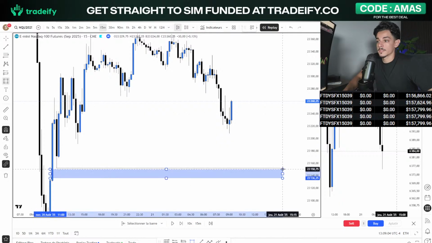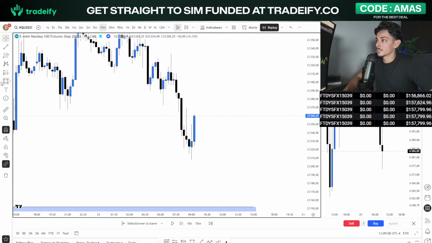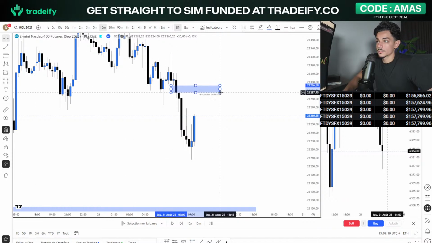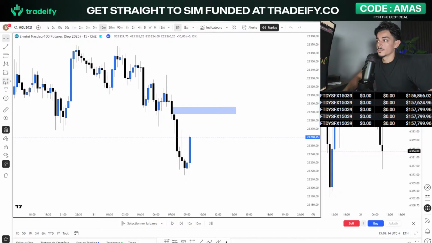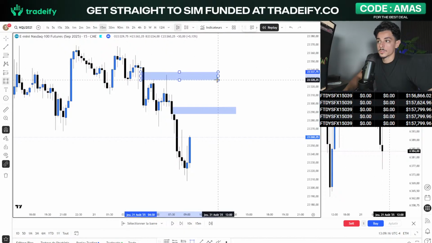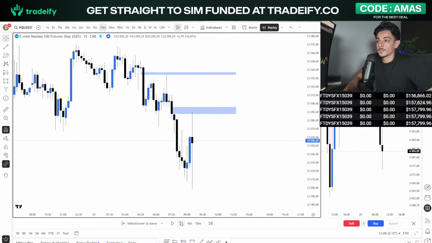So this sell side and this fair value gap right here, this is where buyers are. And shorts, you wouldn't short until here, basically, and above this high. So those are the zones you would draw. And then let's wait and see what price is gonna do.